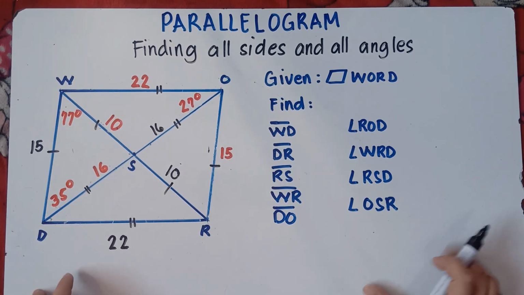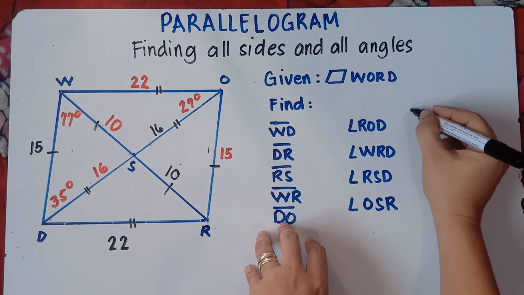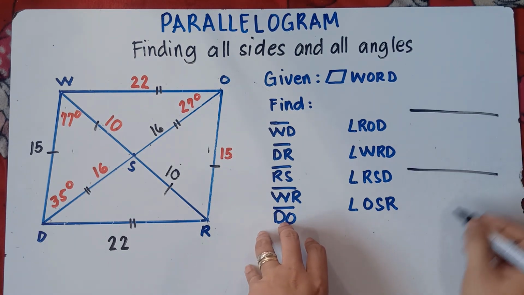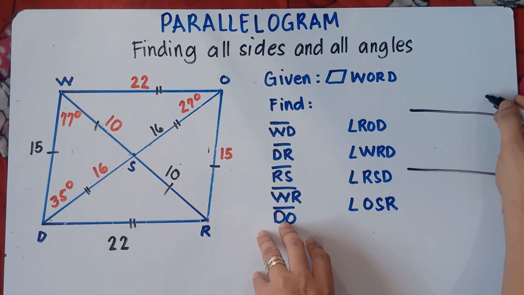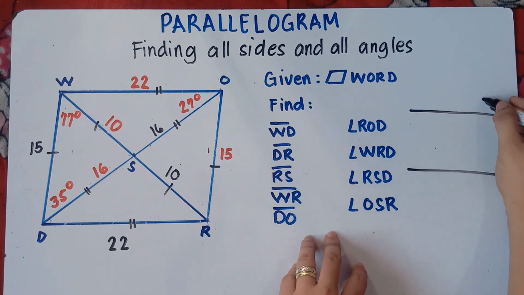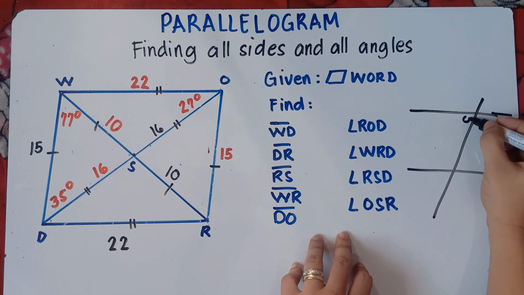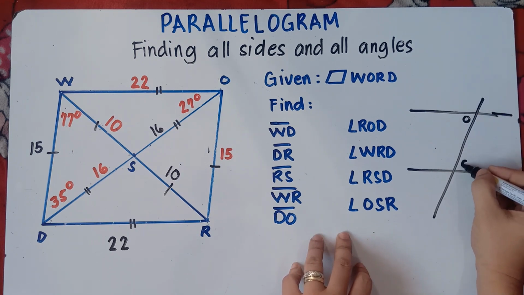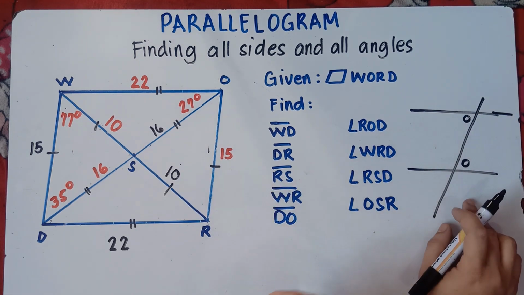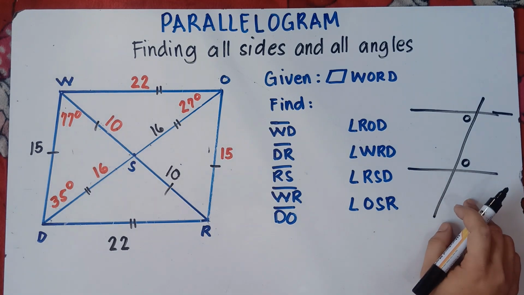If you have two parallel lines cut by a transversal line, then this angle right here is congruent to this angle. You had this in your 8th grade, if you still remember.